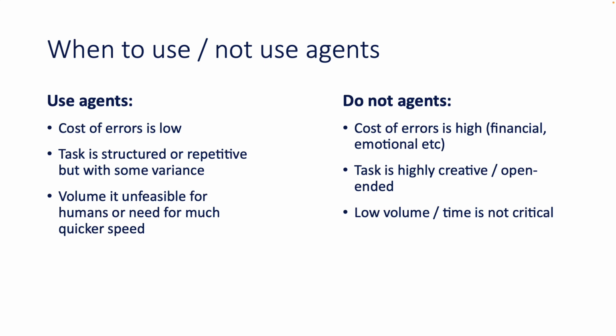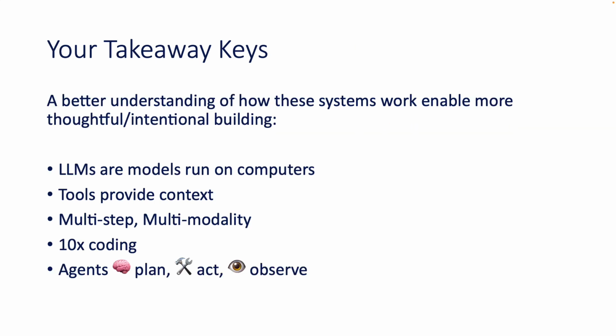Now, on the flip side, you wouldn't want to use agents if the cost of errors is high, like financial or emotional. If the task is highly creative or even open-ended, you're not sure where it's going to go, or finally if it's a low volume or time isn't critical. Understanding these balances is going to be important to build and use these systems responsibly.